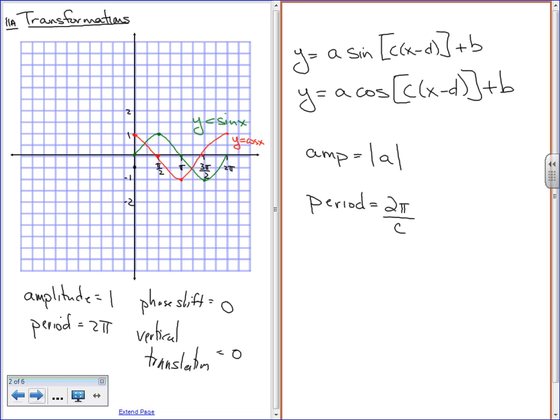The phase shift is D units to the right or to the left, depending on whether D is positive or negative. And the vertical translation is B units up and down, depending on B if it's positive or negative.